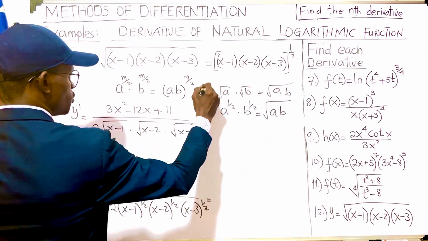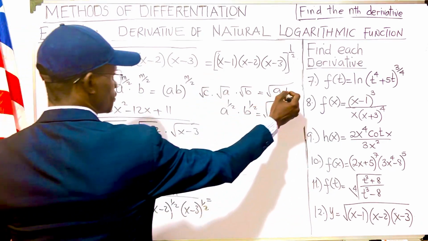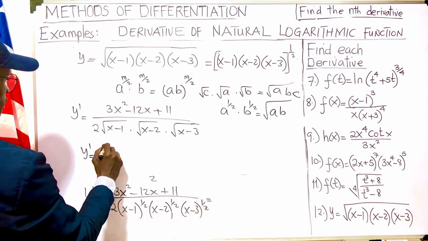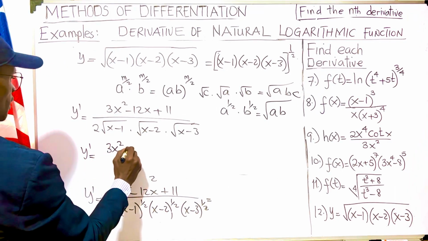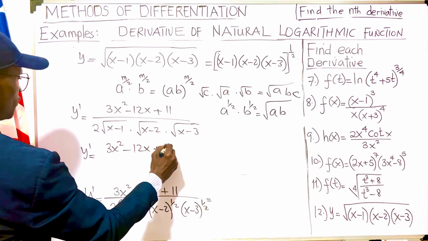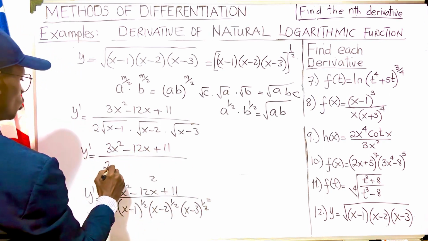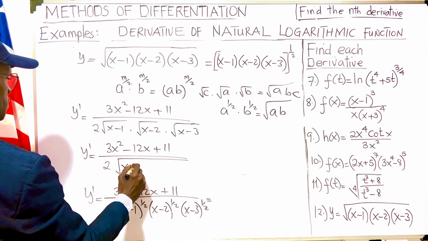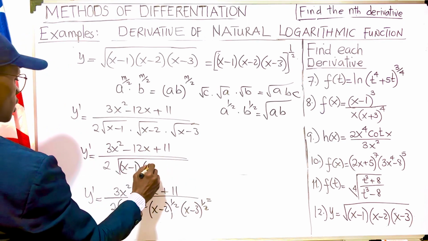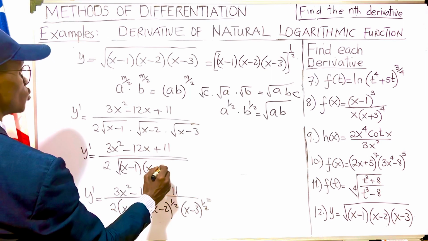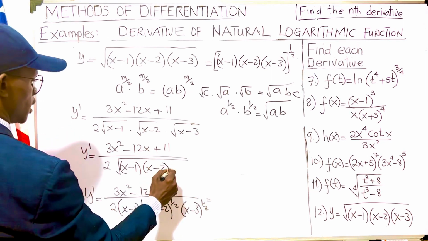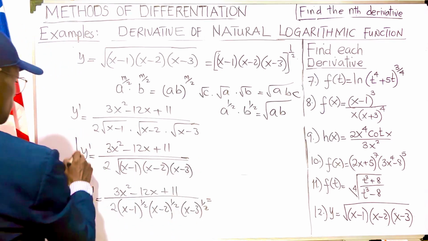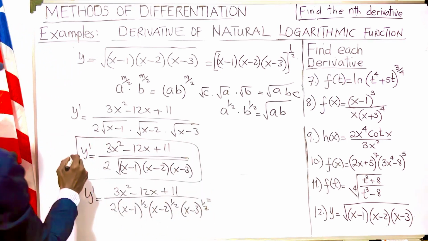So even if we add the root of c, it's just equal to the root of abc. So therefore, we can have y prime to be 3x squared minus 12x plus 11 all over 2 times the root of x minus 1, x minus 2, and x minus 3. So this is actually our final answer.